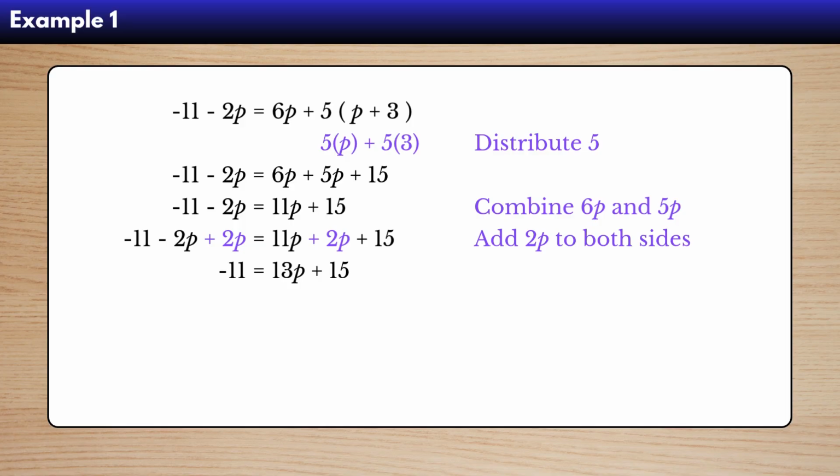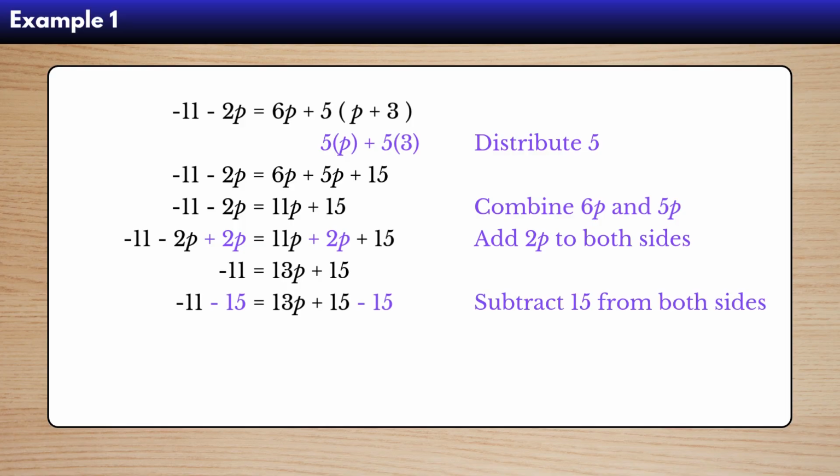To do this, we will subtract 15 from both sides. Negative 11 minus 15 is negative 26. And because positive 15 and negative 15 zero out, we now have negative 26 is equal to 13p.